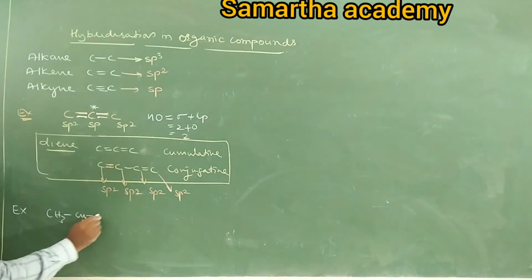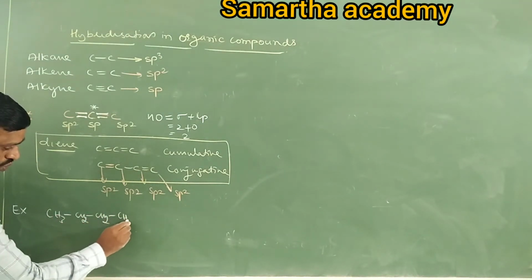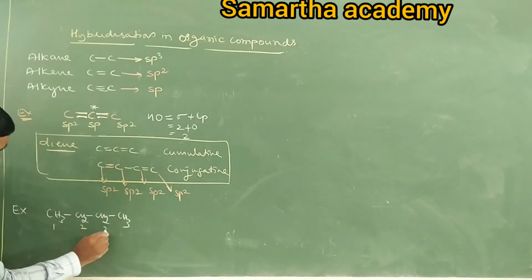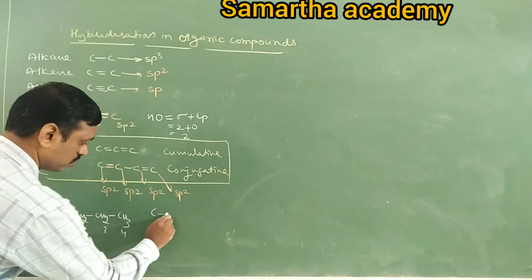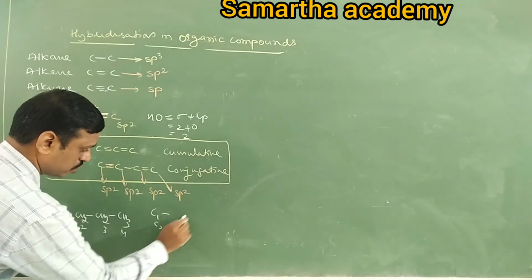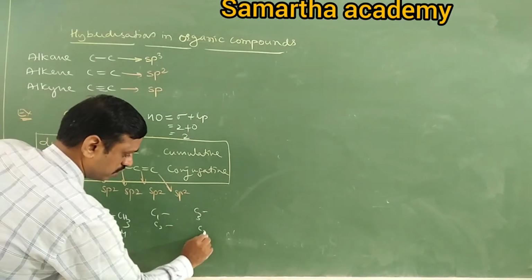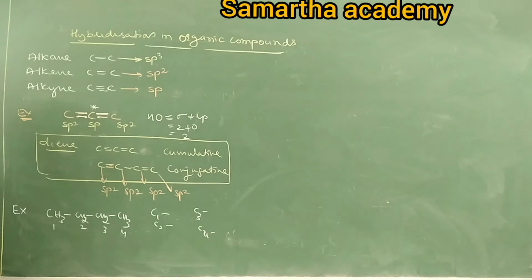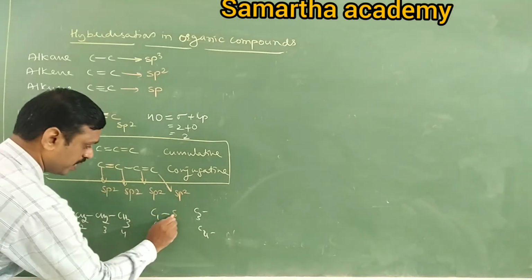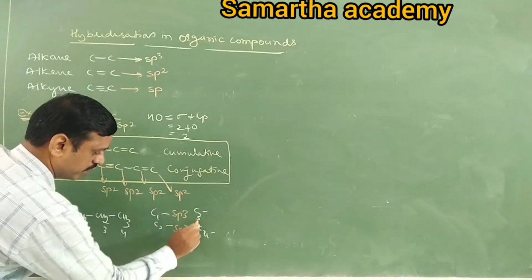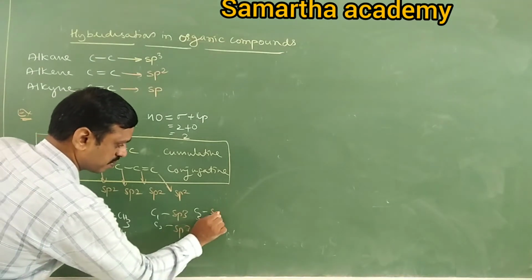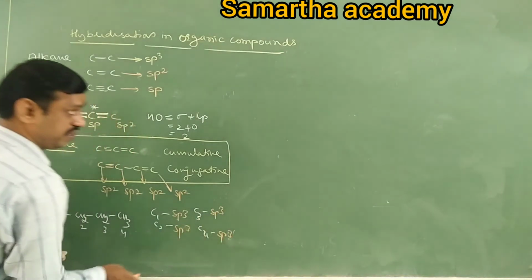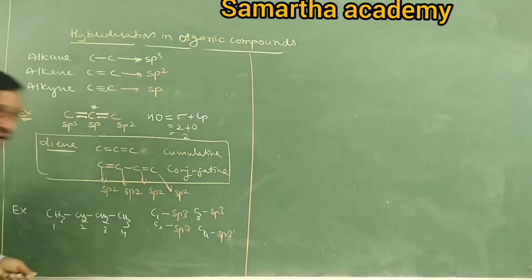CH3, CH2, CH2, CH3. 1, 2, 3, 4. Come on. C1, C2, C3, C4. What is the hybridization of C1? sp3. Next, sp3. Next, sp3. But most of the time they do not ask what the hybridization is. They ask the total number of hybrid orbitals.